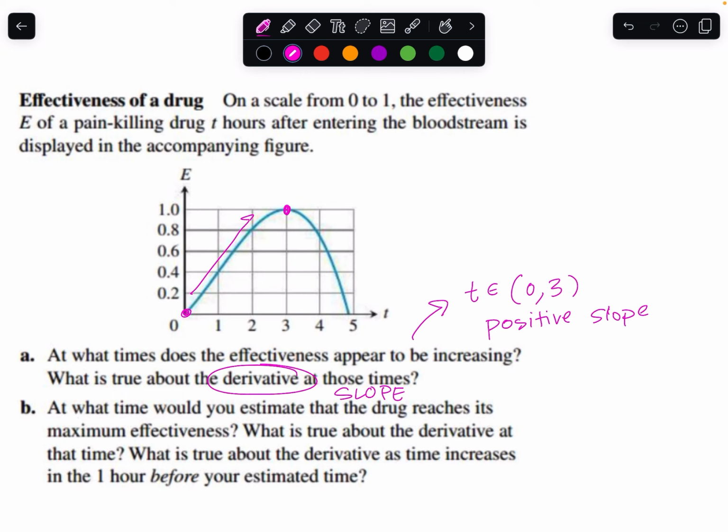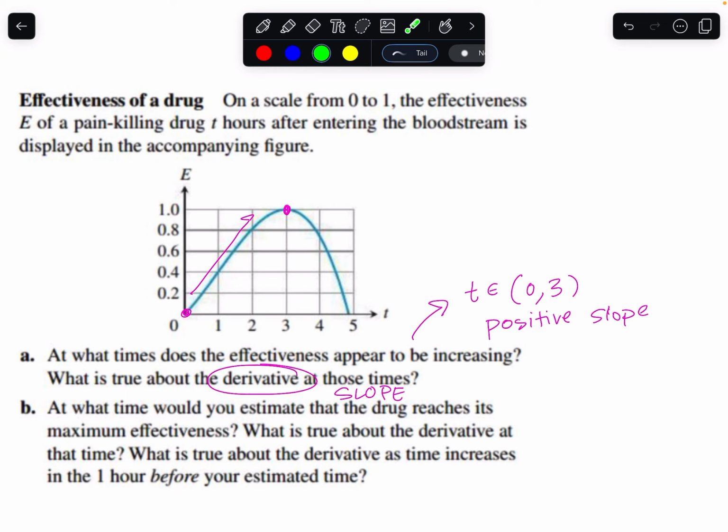Part B says, at what time do we estimate, and we're pulling this off the graph, that the drug reaches its max effectiveness? I've already said that word maximum. The maximum is occurring at t equals 3, we have a max value.